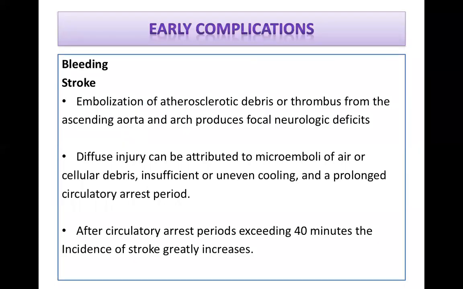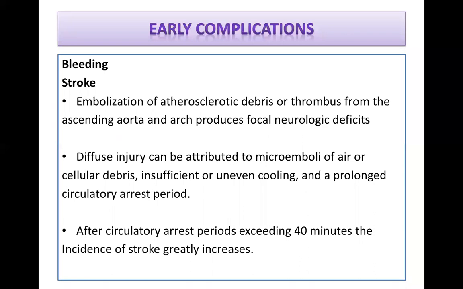Before talking about the operative technique, I will talk about the complications. The early complications are bleeding and stroke, with embolization usually from debris or thrombus from the ascending aorta and arch, which can produce a focal neurological deficit.